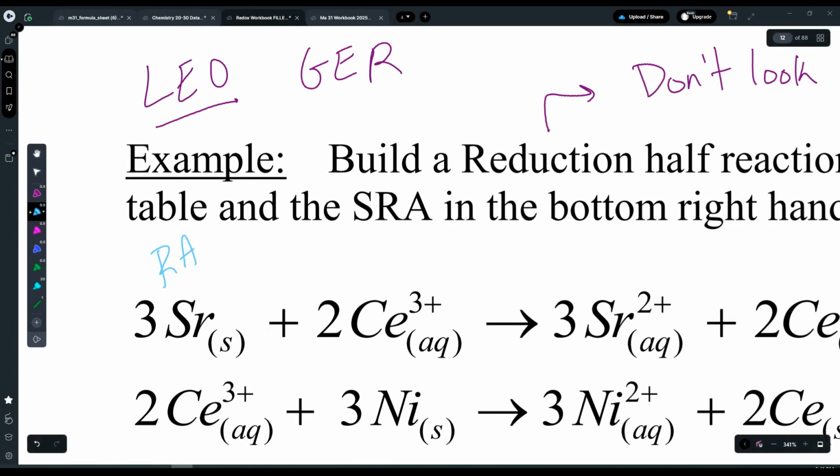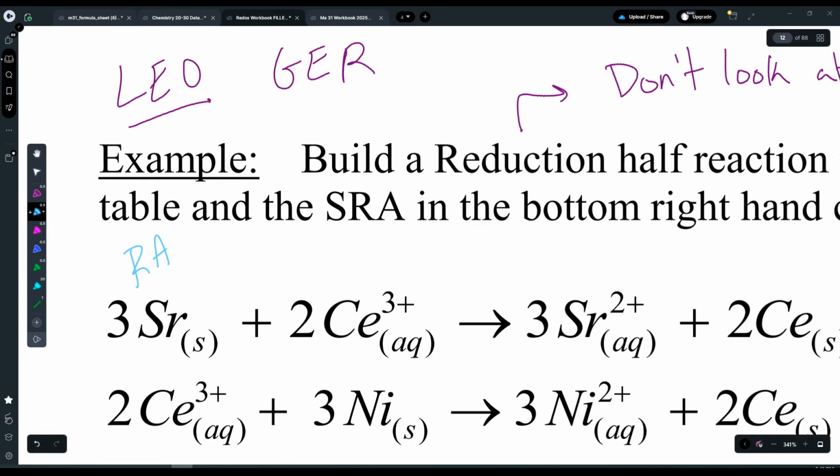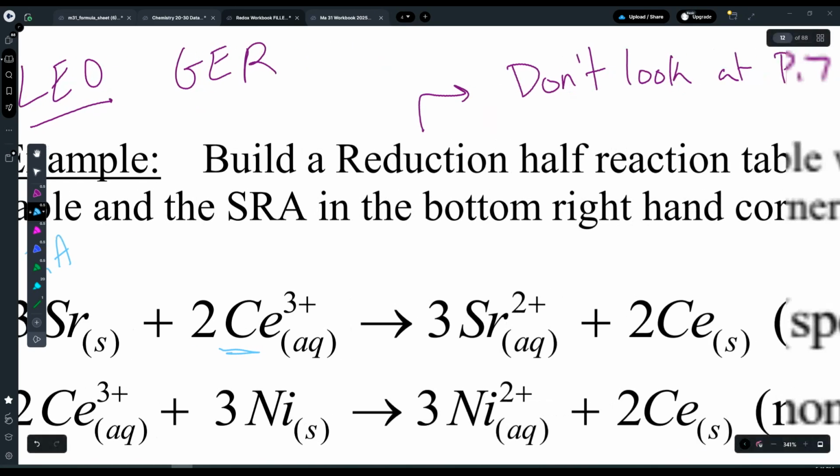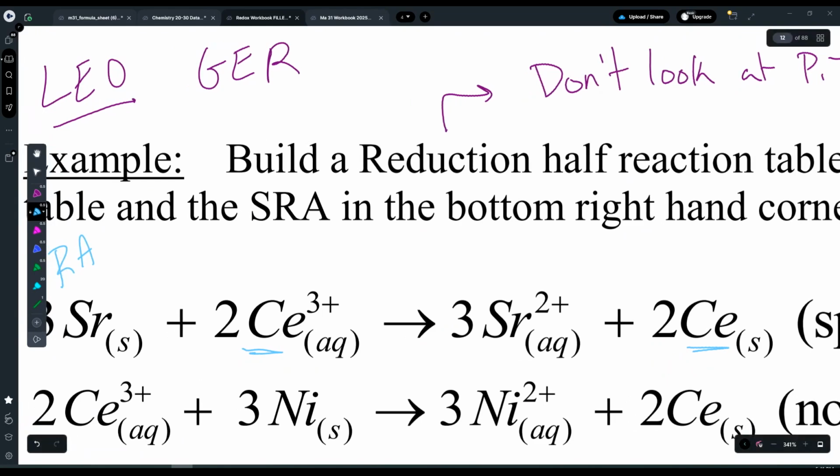And then for the other one here, we have cerium 3+ and then cerium solid. So we go from 3+ to a neutral charge. The only way you're going to do that is by getting more negative, and you get more negative by gaining electrons. Gaining electrons is reduction. Now, what type of agent is undergoing reduction? That's going to be an oxidizing agent.